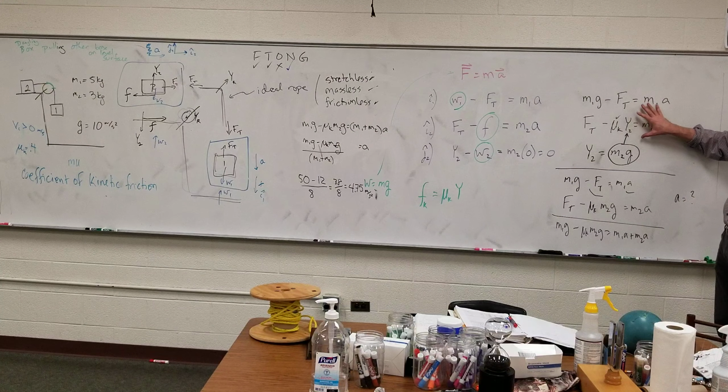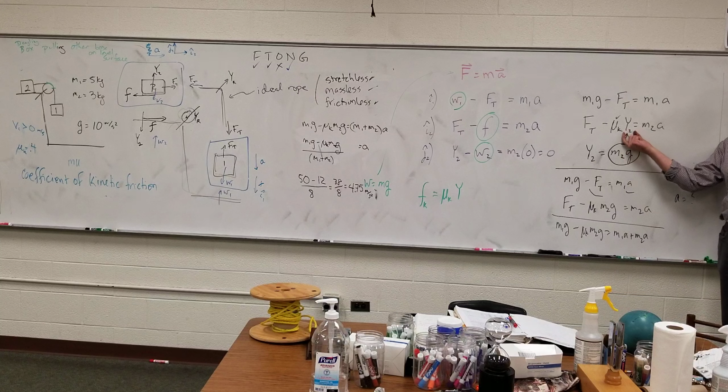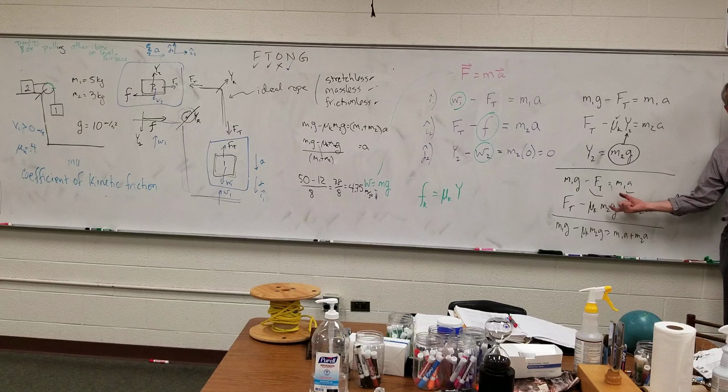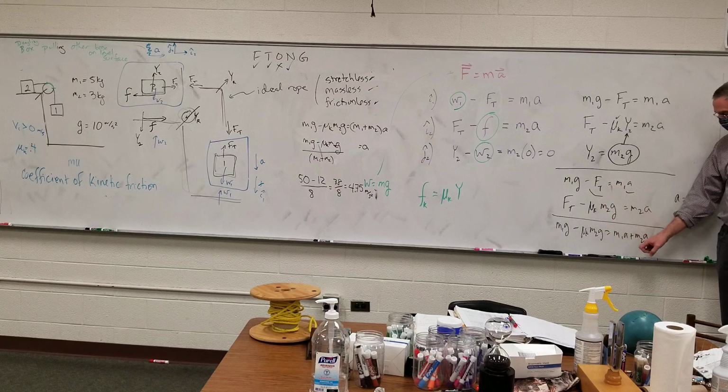I did that substitution, and then it comes to the math part of solving. From here, I have 3 equations, 3 unknowns. I got rid of one of them by substitution. N2 is equal to M2g, I'll plug that in. And then I now have 2 equations, 2 unknowns. Since I'm solving for acceleration, I got rid of tension. And now I have just acceleration to solve for.